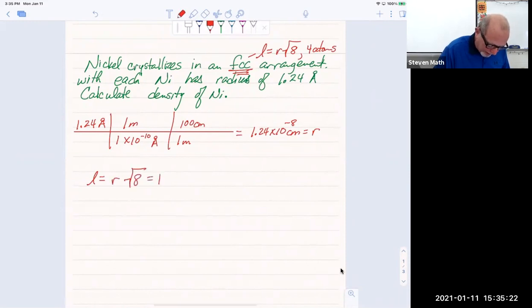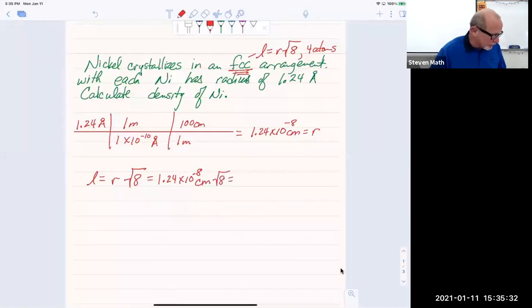And R we just calculated, 1.24 times 10 to the negative 8th centimeters, radical 8. The length of this unit cell is going to be 3.51 times 10 to the negative 8th centimeters.